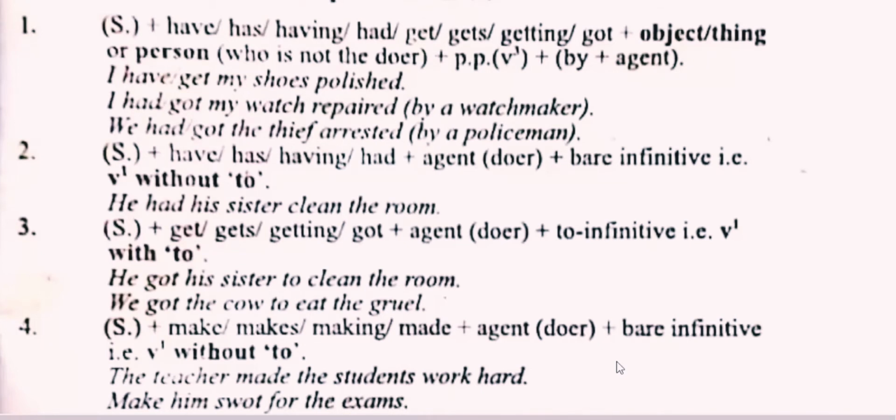So then plus bare infinitive, that is verb 1 without to. After the agent, we can't write to with the use of have. So then we write V1 only.